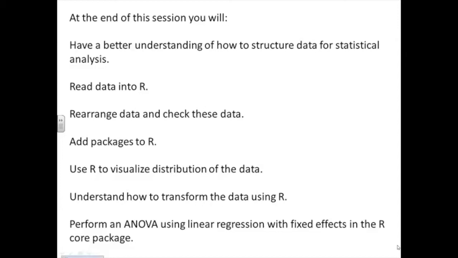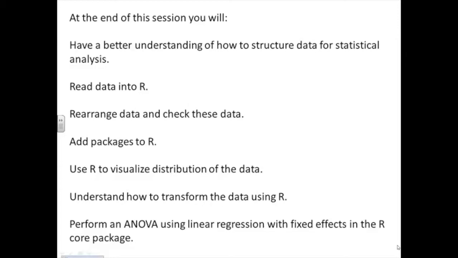We're going to read data into R. We're going to do some rearrangement of that data and checking it using R. Okay, and again, this is an important feature of R, it allows us to do some manipulations of the data. We're going to add a package, maybe two, to do some analysis. And then we're going to use R to visualize the distribution of data.